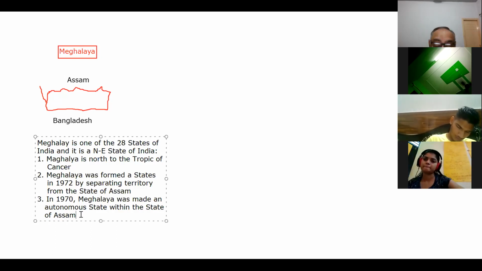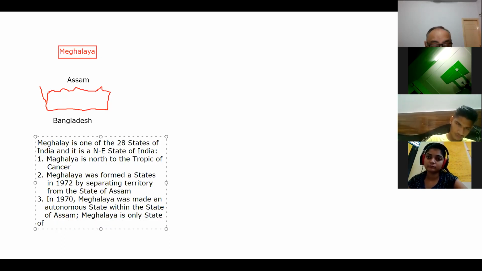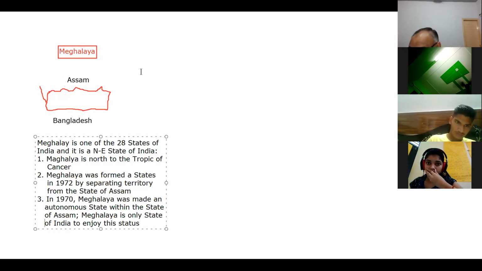Meghalaya is the only state of India to have this status.